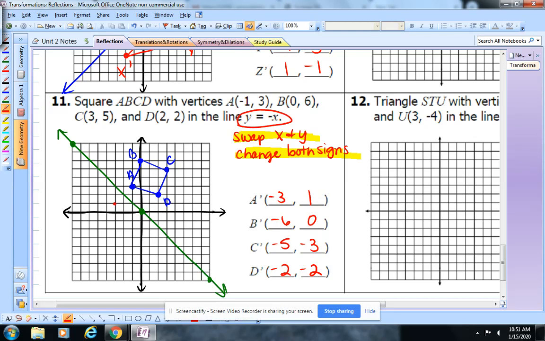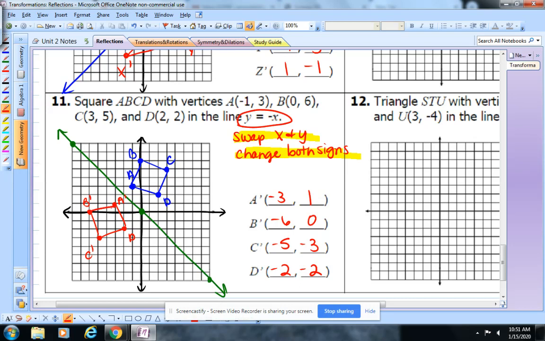So -3, 1 is A prime. 0, -6 is B prime. C prime. D prime. So we should end up with another cute little square.